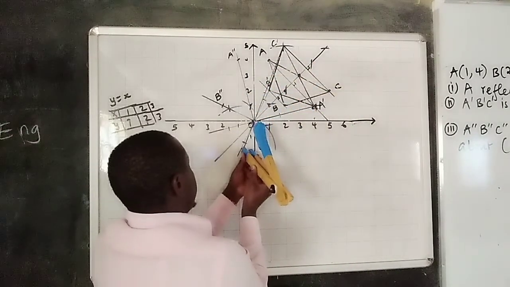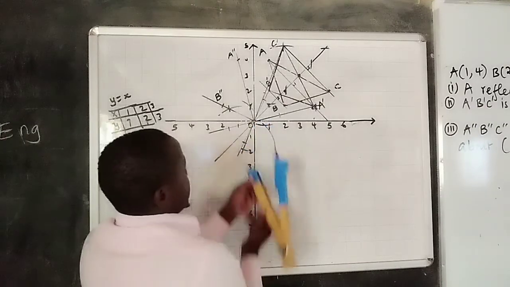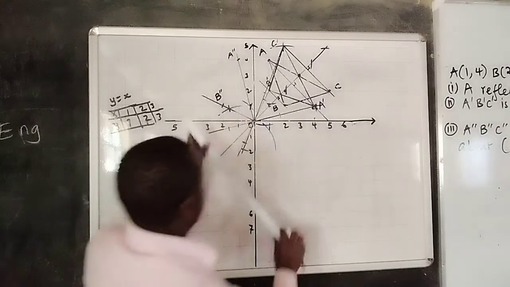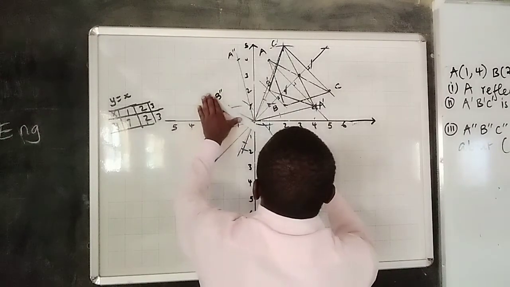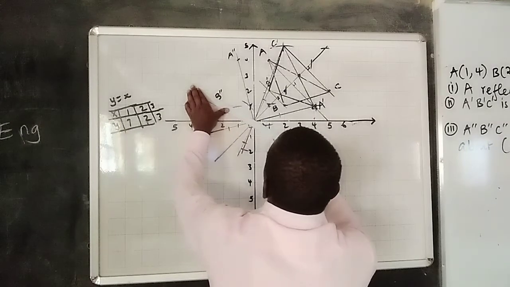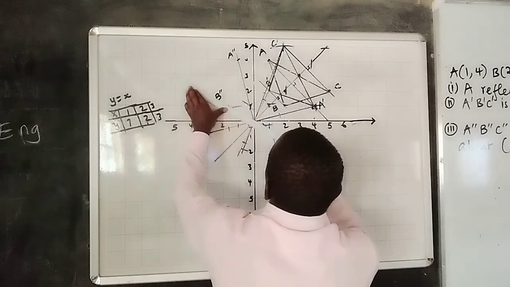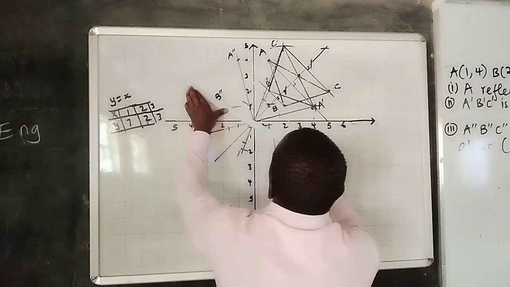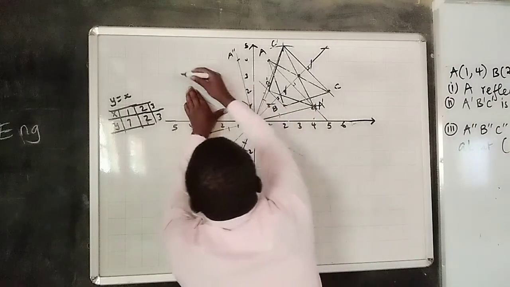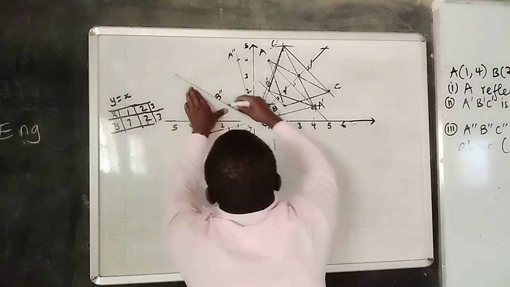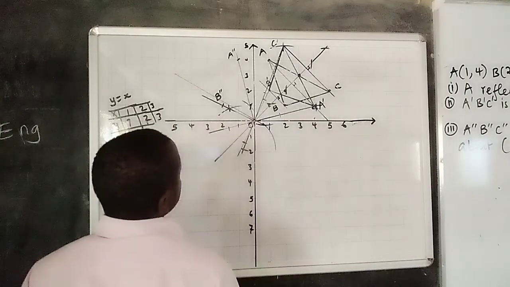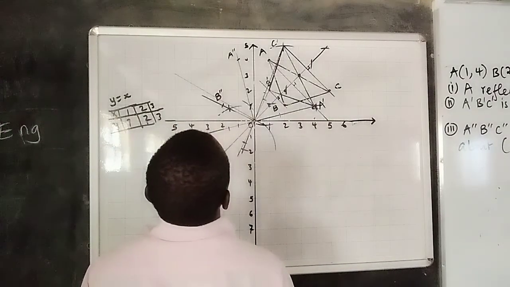This arc must be intersecting the other like that. We produce a bisector which is perpendicular through the center. Like that.